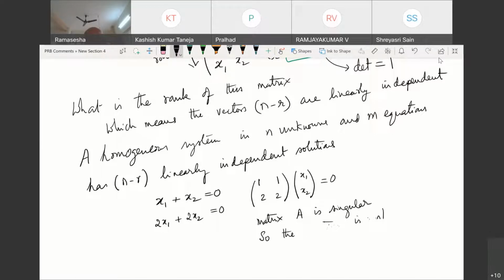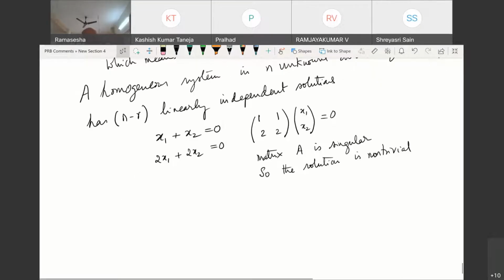Yes, sir. Yes or no? Okay. So what I will do is I will take only the rank is 1, because there is only a 1 by 1 submatrix which has a non-zero determinant. Any one of them you can take.